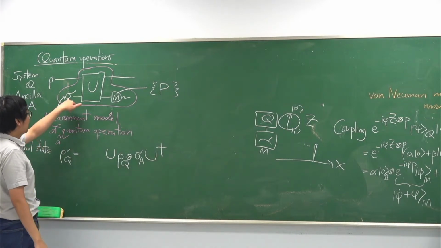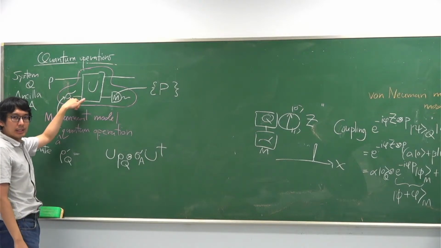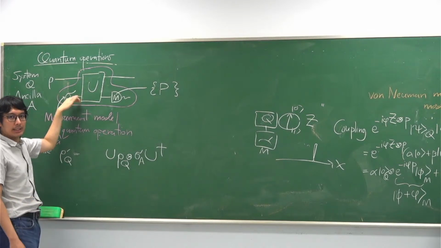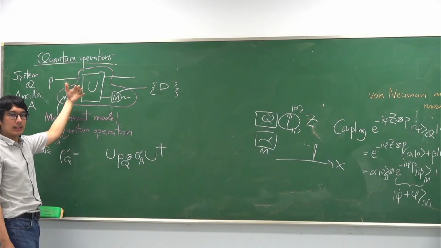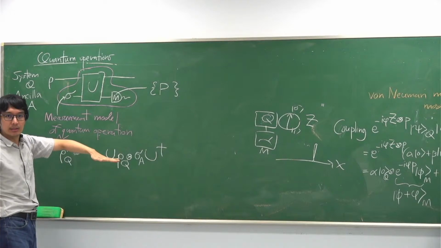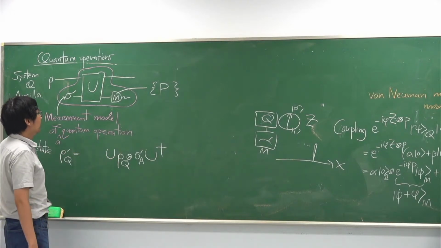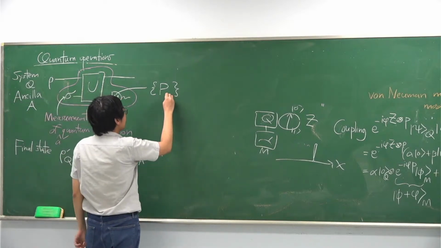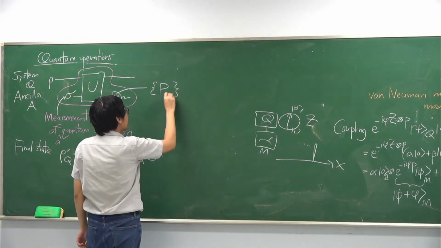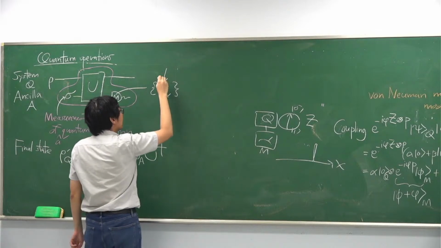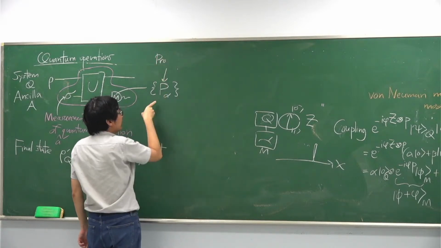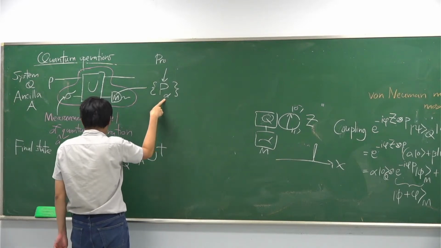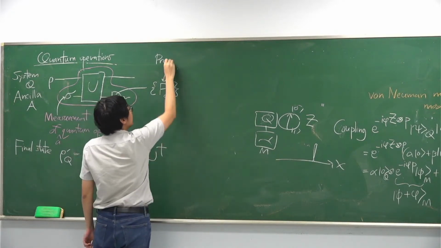And that is true for the initial state of the ancilla as well. We can use a pure state if we keep extending the Hilbert space of the ancilla, right? But let's make it simple. Then make this P just a projective measurement with outcome labeled by alpha.